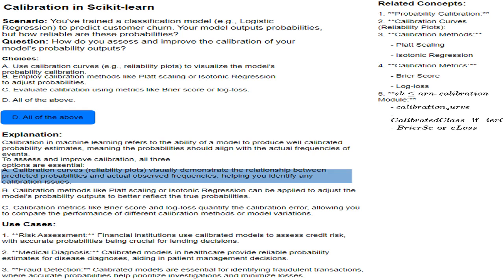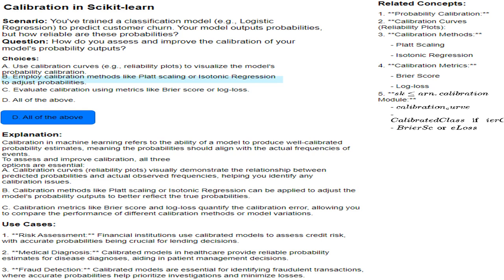B. Employ calibration methods like Platt scaling or isotonic regression to adjust probabilities. True. Calibration methods like Platt scaling and isotonic regression are techniques used to adjust a model's probability outputs to better reflect the true probabilities. Platt scaling is a sigmoid-based method that adjusts the output probabilities by fitting a logistic regression model.